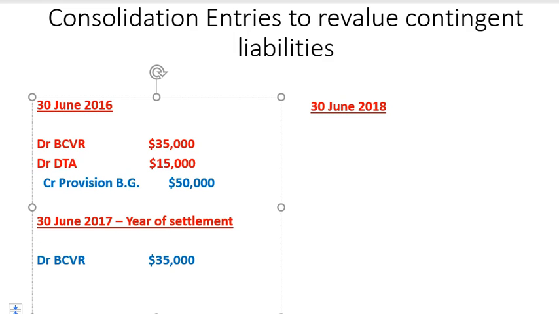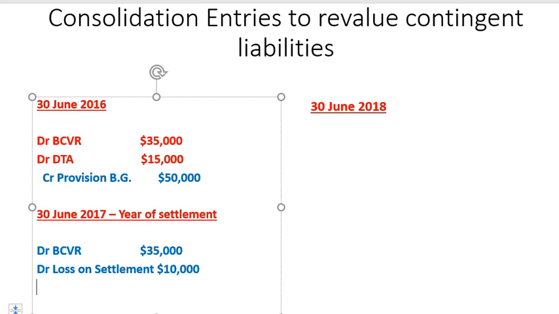Now, because we expected the guarantee or the liability to be $50,000, but it actually turned out to be $60,000, we need to treat this as a loss on settlement, effectively. So we'll debit the loss on settlement by $10,000. Right, so because we expect it to be $50,000, if, say, for example, it ended up being $40,000, then we'd credit a gain on settlement for $10,000. Now, we also need to debit an income tax expense of $15,000.